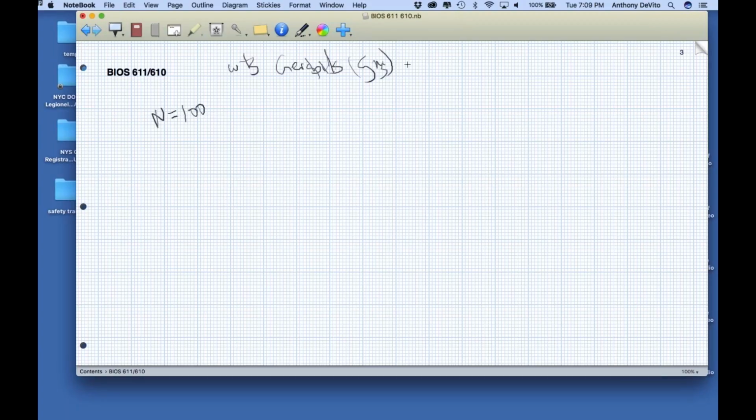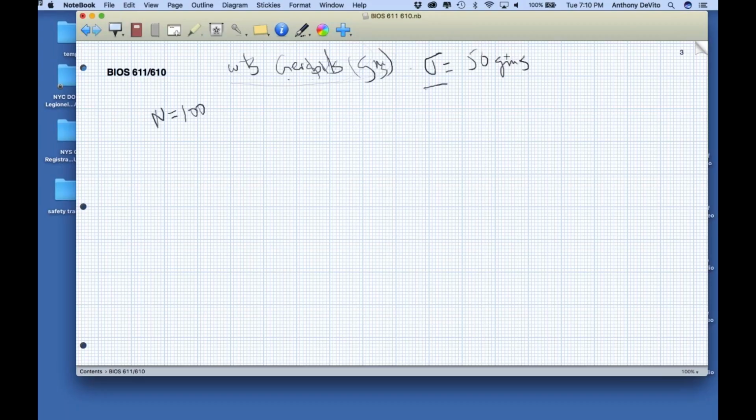And I tell you that we've done some other study somewhere, where they sampled many thousands and thousands of gerbils. And for some reason, we're pretty confident that the population standard deviation for gerbil weight is equal to 50 grams.